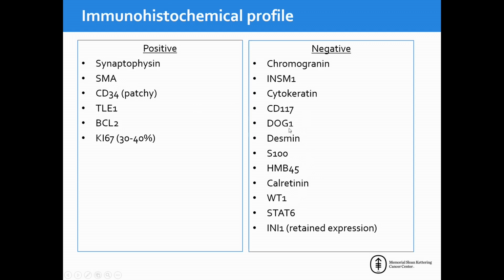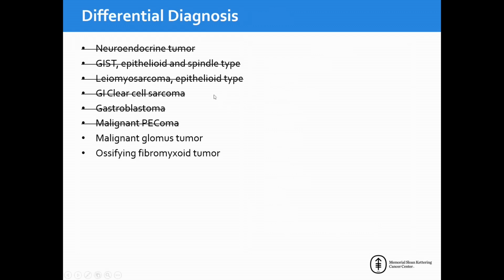Of course, this was not really a GIST, with the negativity for c-KIT and DOG1. Cytokeratin was negative, again pretty much excluding a gastroblastoma. This was seen by all the GI pathologists, and they felt this was not a neuroendocrine tumor. So we could pretty much exclude a lot of our differential.